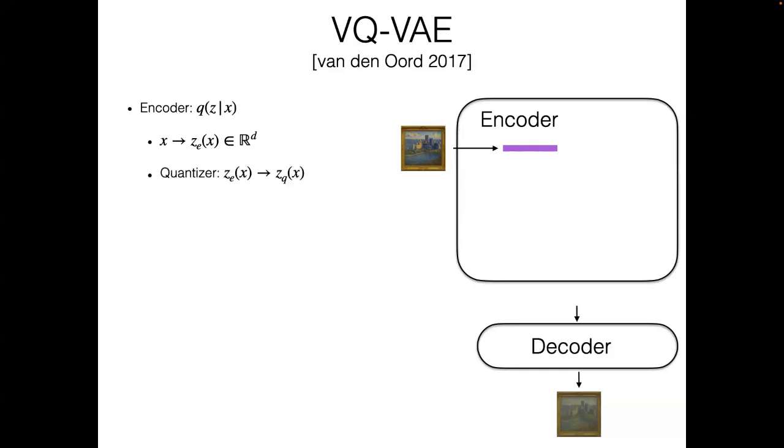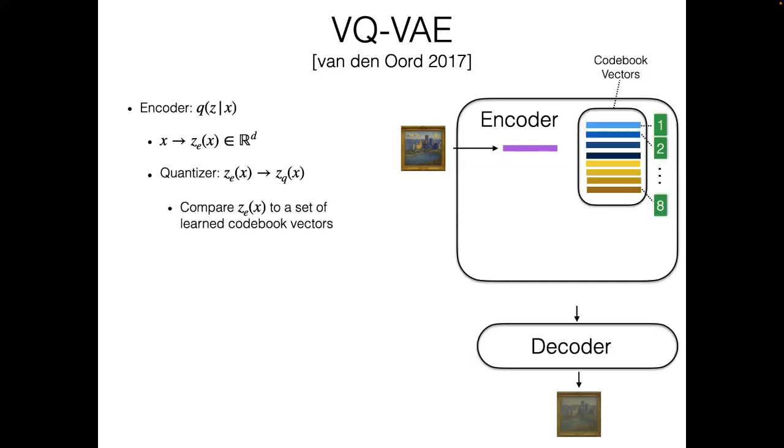Then you introduce this idea of a quantizer. The quantizer maintains what is called a codebook of different vectors. As a hyperparameter, you declare how large the codebook is. Examples could be 8,000 or 1,000. Here I'm just visualizing 8, so you'll have these 8 different vectors.